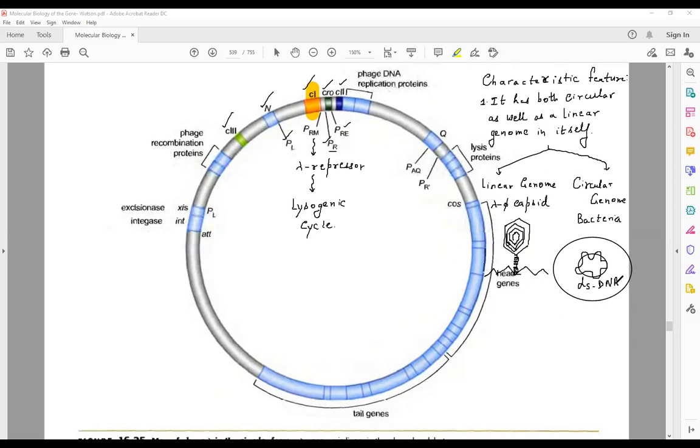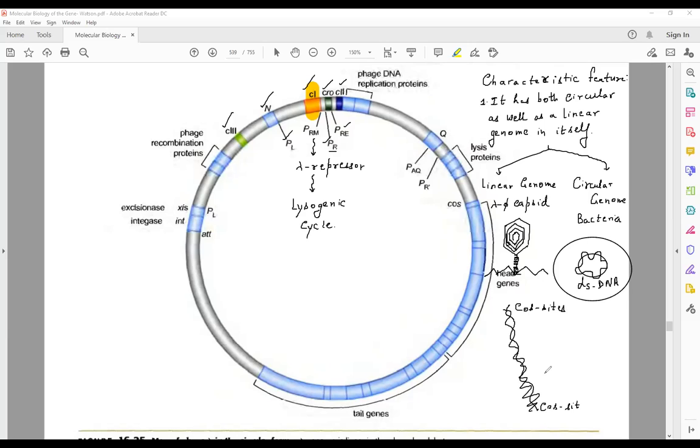Now, why does the circularization take place? It takes place because the lambda phage genomic DNA is fully methylated except at certain sites. Those sites are called cos sites. Cos sites are the sites where methylation is not there.